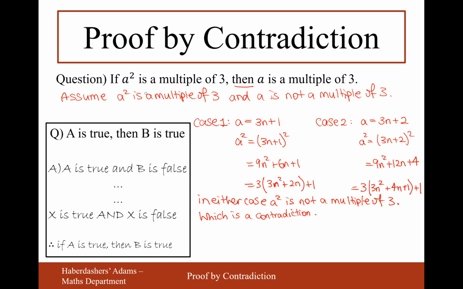The statements that led us to a contradiction must be false. So therefore, if a squared is a multiple of 3, then so is A. And there we are, that's the answer to this question.